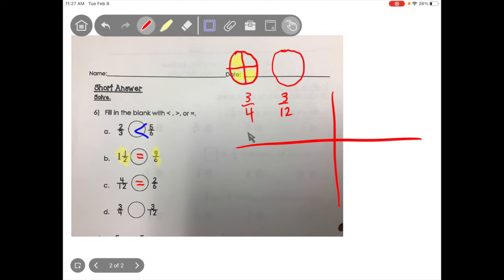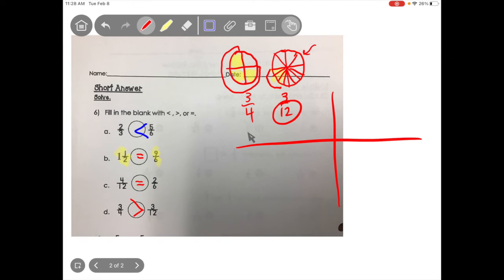And then if you divide a whole into 12ths, I'm not going to do it exactly here, but just picture, here's 4ths, here's 8ths. It's not going to be equal, but these are going to be little pieces, right? 12ths. And if you picture 3 of those, 1, 2, 3, it's going to be nowhere near the size that 3/4 would be. So if you think visually and logically, we know that 3/4 is going to be greater because 12ths are such small little pieces.